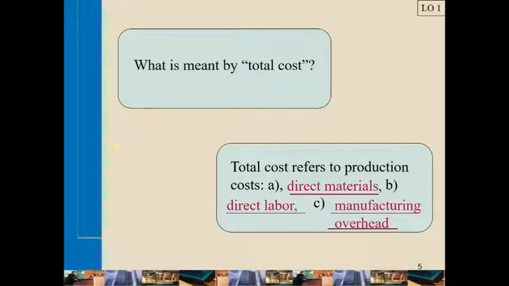So therefore, an entity needs to know kung unsa ang ilang total cost or the composition of its total cost kay naa siya impact on the decision making of the company. So for example, if your organization or your company's goal is mahimo siyang cost leader sa industry nga kung asa siya, di ba?